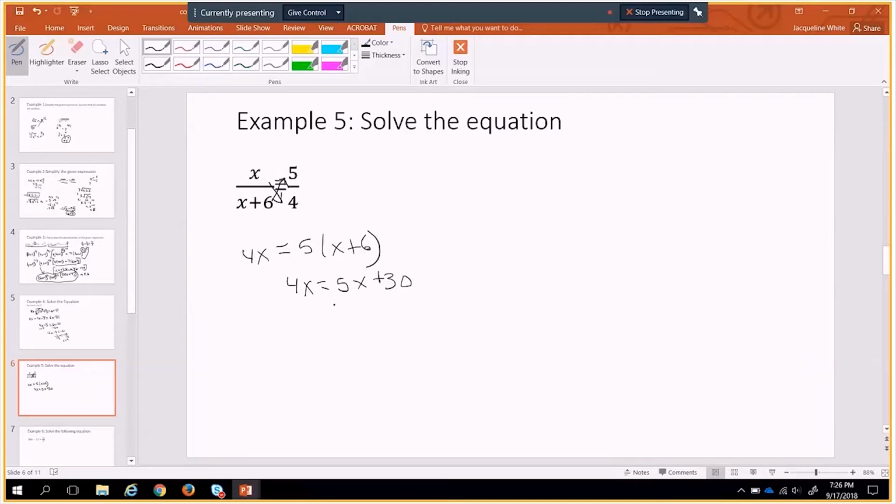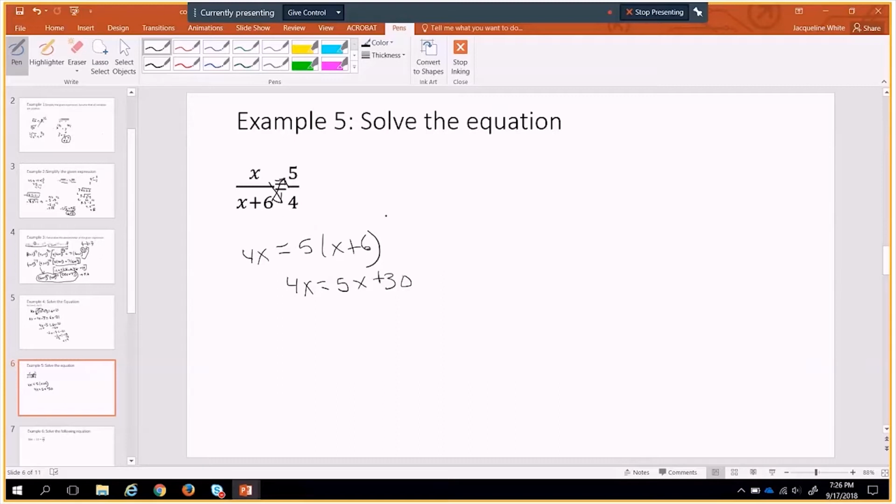So now we subtract 5x on both sides, or we can subtract 4x on this side and 30 on the other side. Whatever your preference is, just be sure to be cognizant of your time. You know, all your tests are timed and you want to get through the test as quickly as you can and as efficiently as you can.